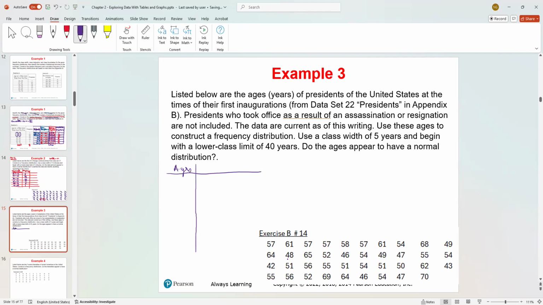The first thing to do in that data set is always to go and identify the minimum. The minimum in that data set would be maybe in the 40s, right? I see 42. I think 42 is the minimum.